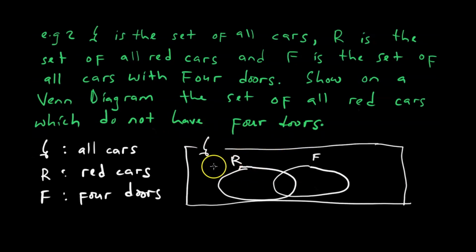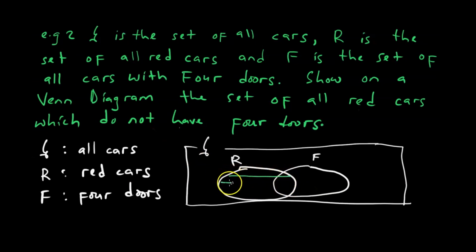So we start by shading the region with all red cars. All red cars are in here, remember including the intersection. So this is all red cars. Maybe for the sake of clarity, let me use a different color.